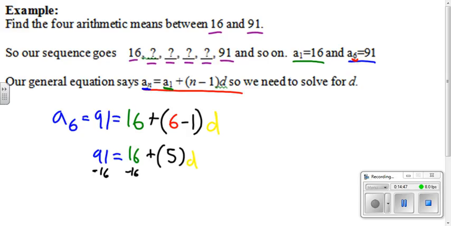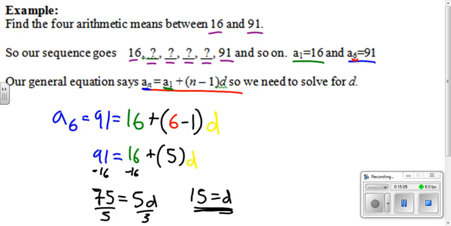So we are left with 75 equals 5d. Divide each side by 5, in which case we are left with 15 equals d. So now we know our common difference.